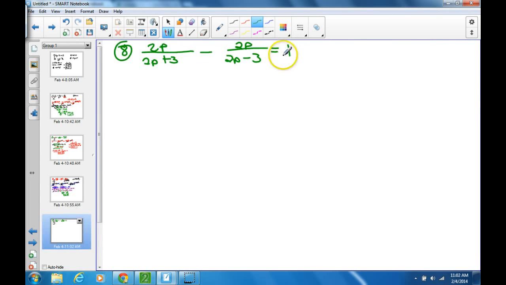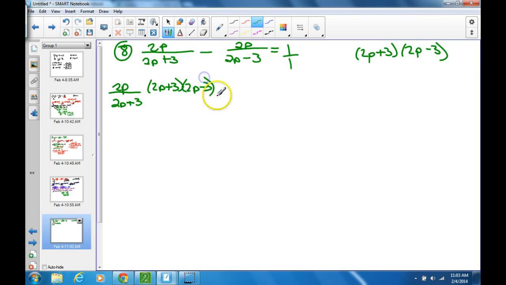Look at our denominators. What is our common denominator going to be? Yep, 2p plus 3 and 2p minus 3. Okay? So I need to multiply each of our terms by that. So go ahead and write that out. That's the first term.